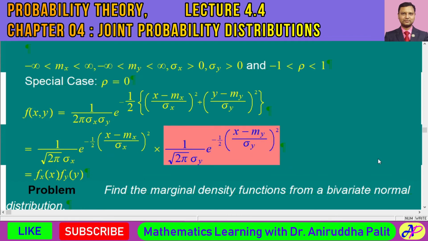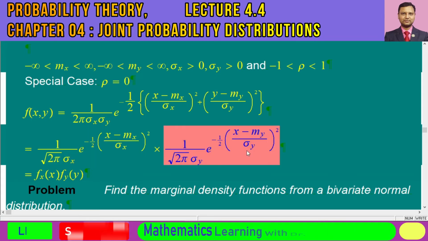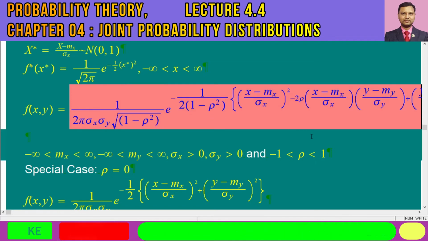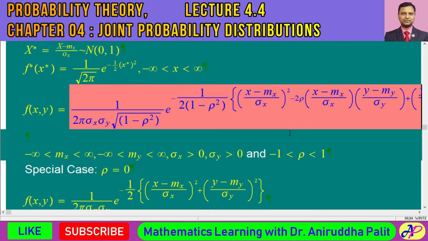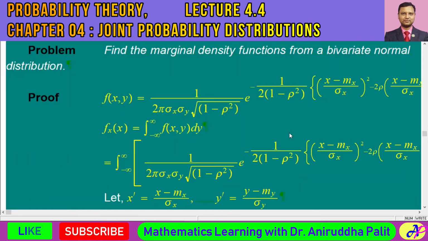Got it? These are some standard questions in the examination, to find the marginal density function of x and of y from the joint density function in case of the bivariate normal distribution. Okay, so let us go through this problem.